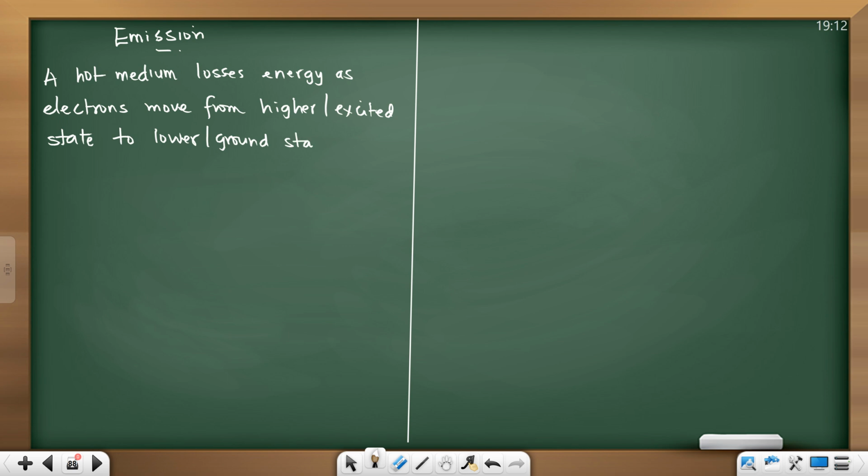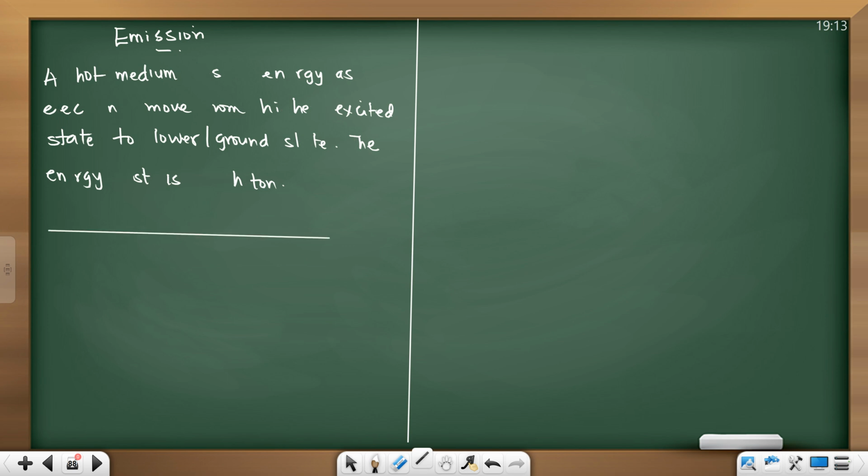The energy lost is in terms of photon. The energy lost is a photon.